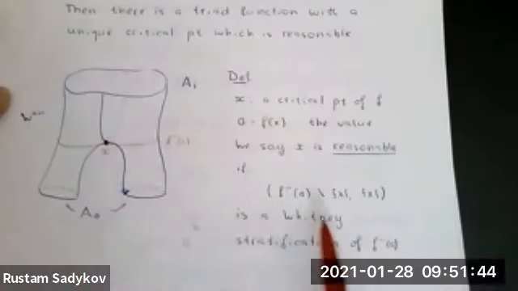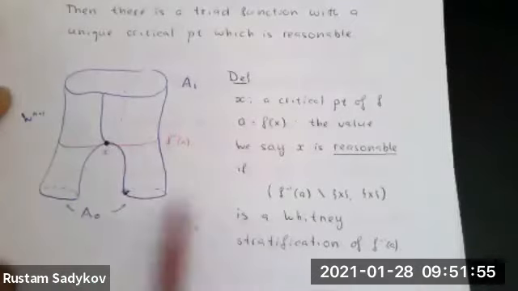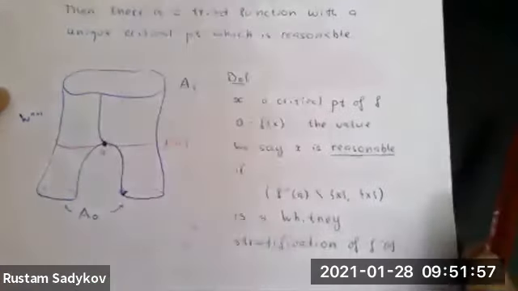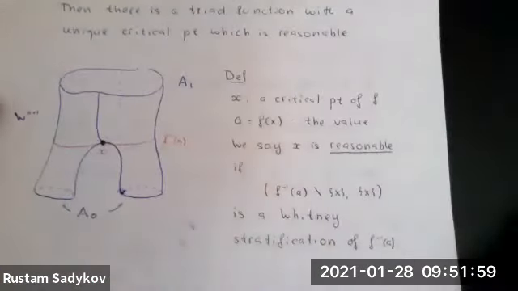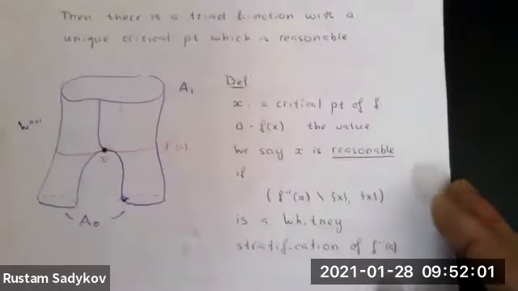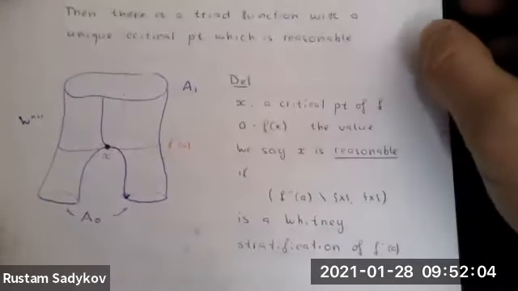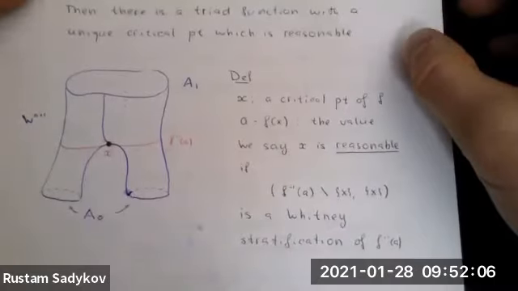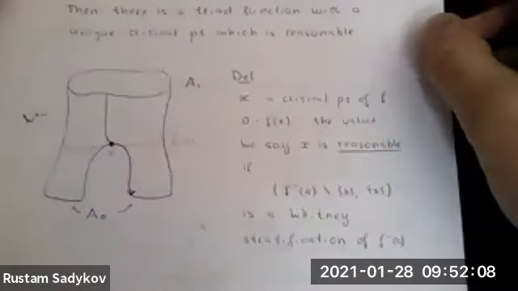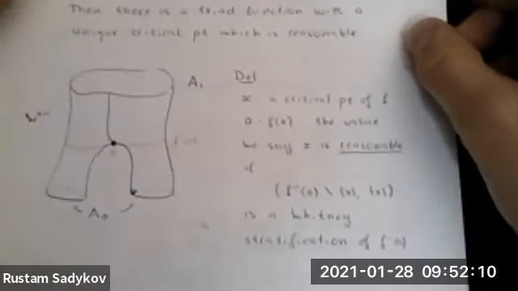And the statement that a point x is reasonable means that the pair of the point and the complement of the point gives a Whitney stratification of the singular fiber. I will not talk about Whitney stratifications, but this is some notion about how different strata in a stratification are adjacent, and this is a necessary condition over here.